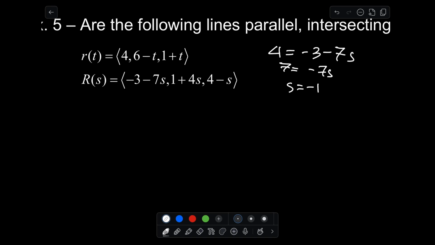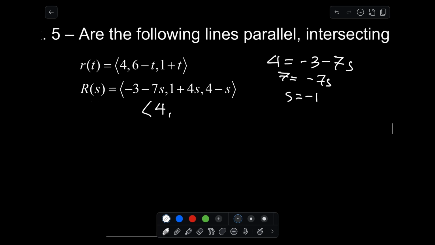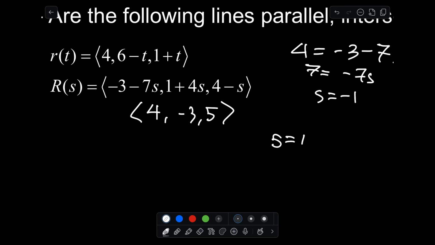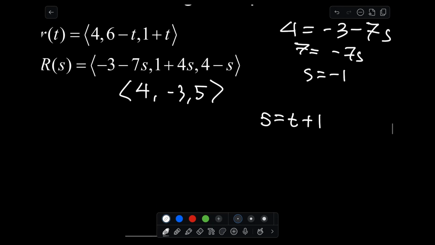Then we can plug in the rest into here. We can see that's going to be 4, 1 times negative 4 is going to be negative 3, and 4 times negative 1 times negative 1 is 5. Okay. And then we can see right here that 5 equals t plus 1. We can see that t equals 4, given this.